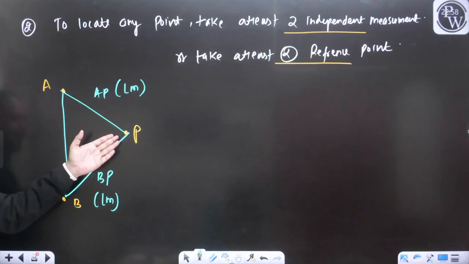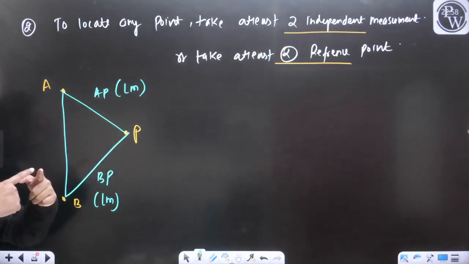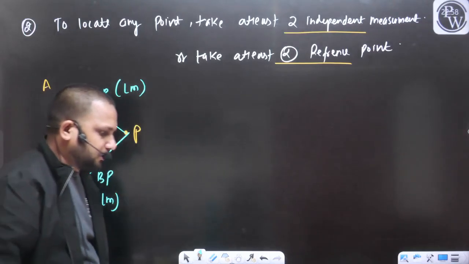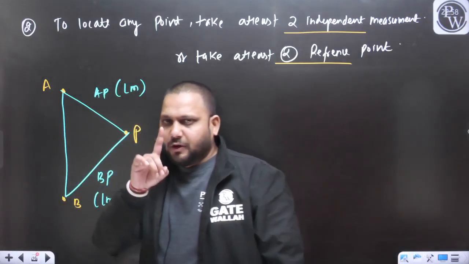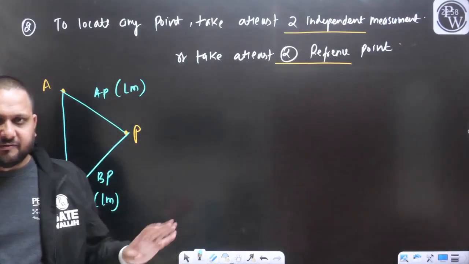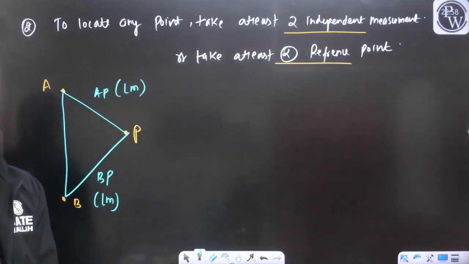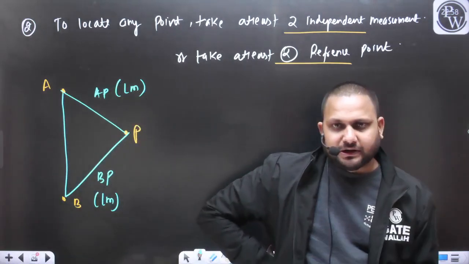From A the distance AP, from B the distance BP, where the lines intersect there will be only one point, that is going to be P. Can I say in this way I can define the position of point P accurately?